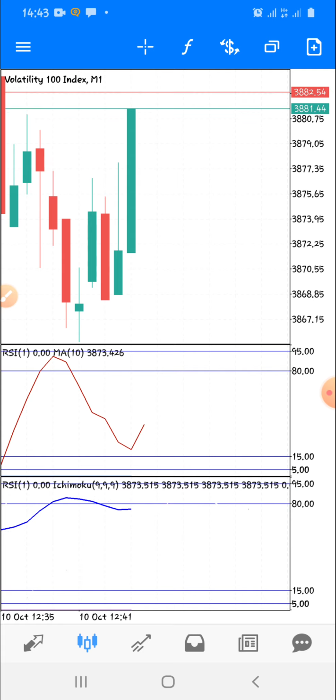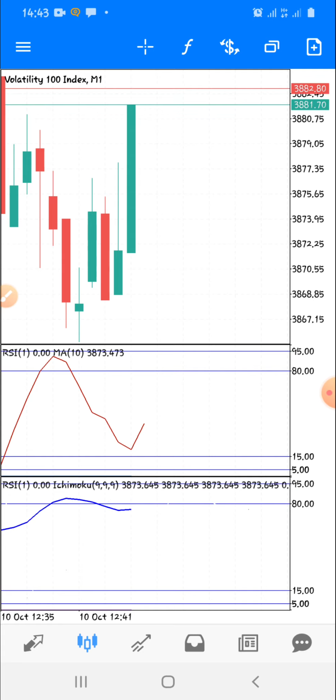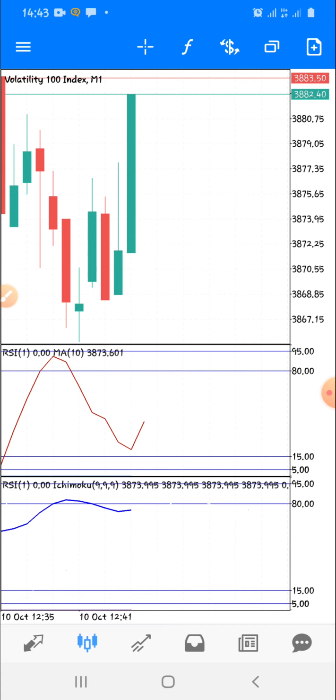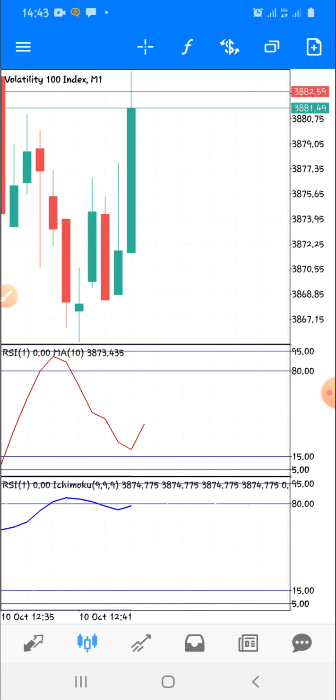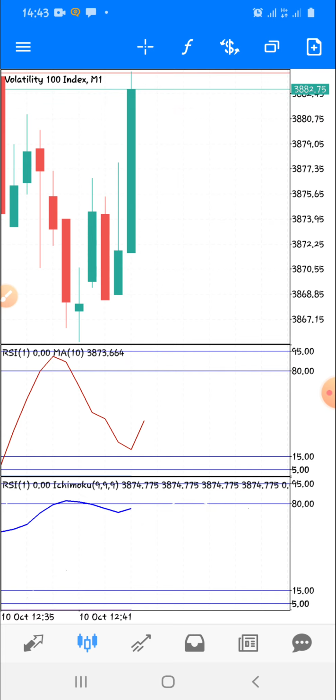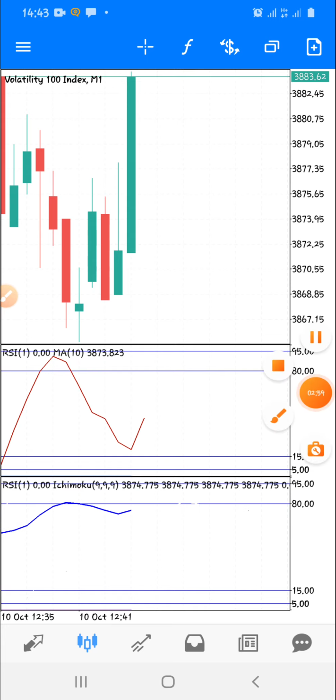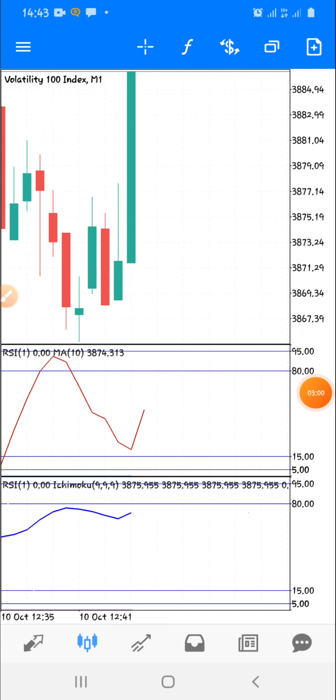So the signal line is 9 exponential moving average. Then the histogram is the MACD line minus the signal line.